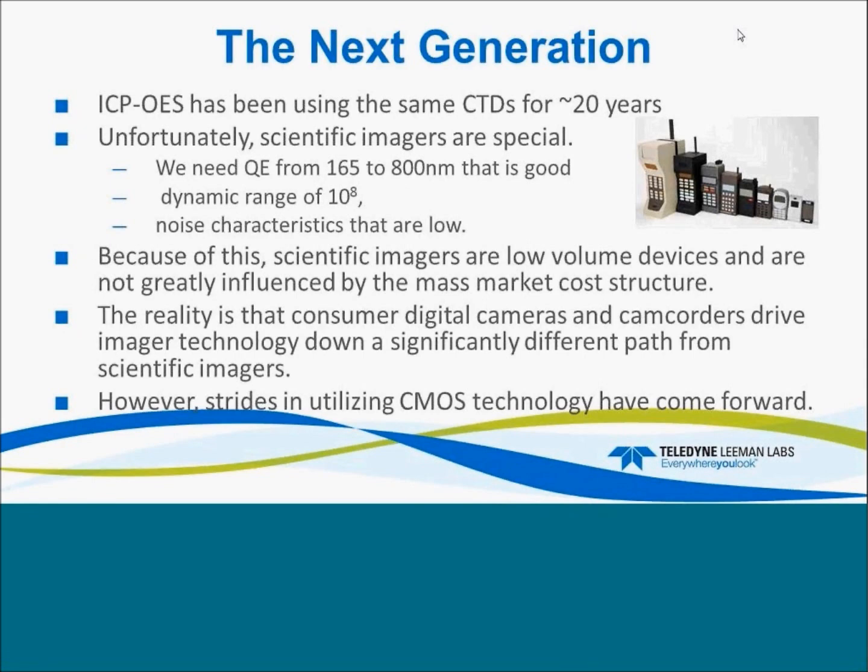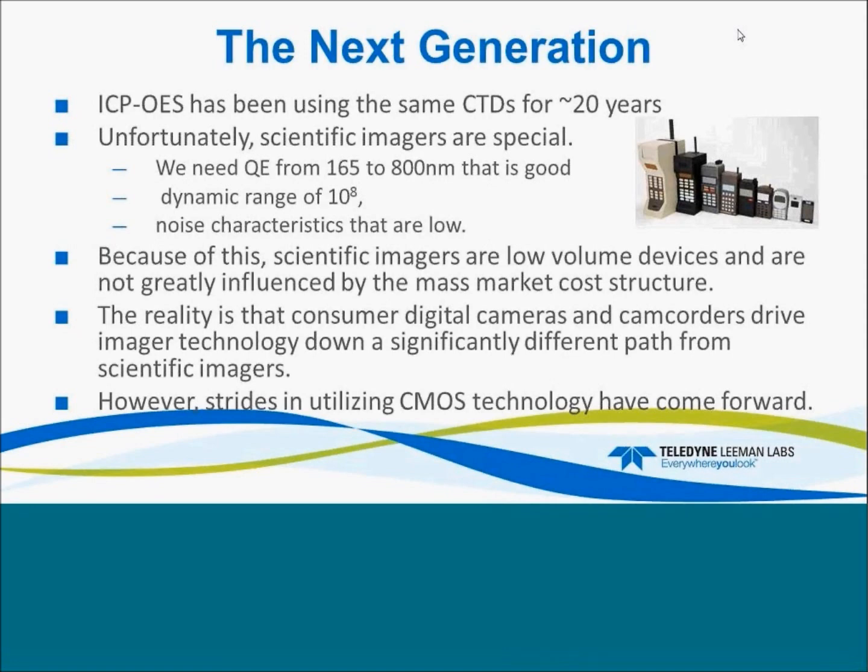Right? The problem is scientific images that we need in ICP-OES and other types of techniques in our industry, they're special. They're not just the run-of-the-mill devices. So we need to have very good quantum efficiency from 165 up to 800 or 1100 in our case. A good dynamic range, 10 to the 8, so that we're not limited by the detector.